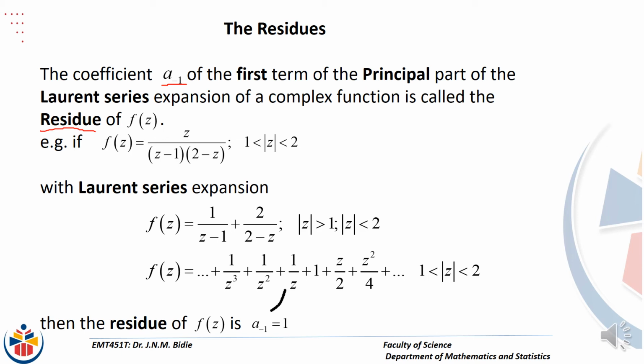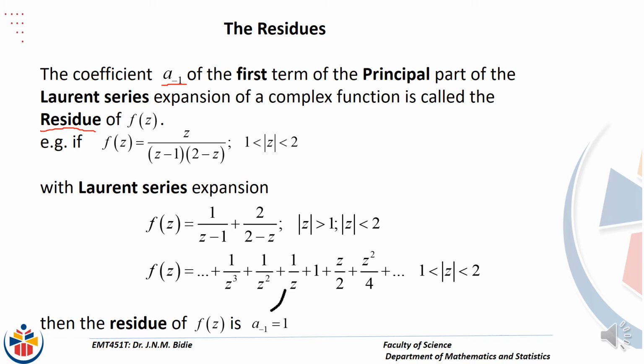Then we use partial fractions to try and find the Laurent series expansion, and then you split up that condition so that we have the modulus of z greater than 1 and modulus of z less than 2. For the first term we take out z in the denominator because of the greater than expansion, and then for less than we take out the constant, and this is what we got as our Laurent series expansion.